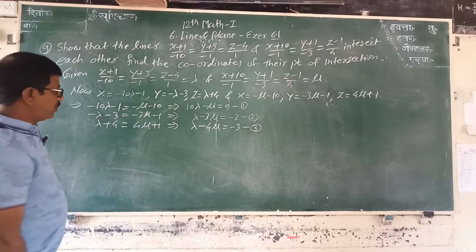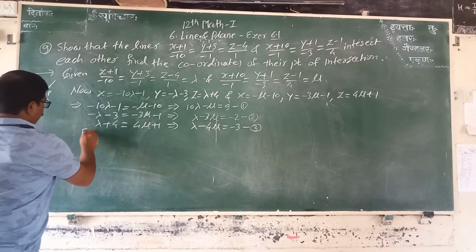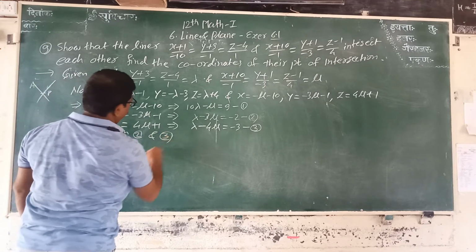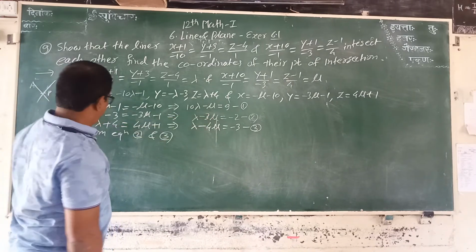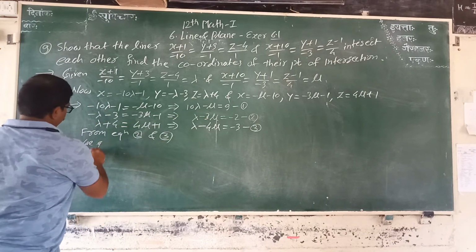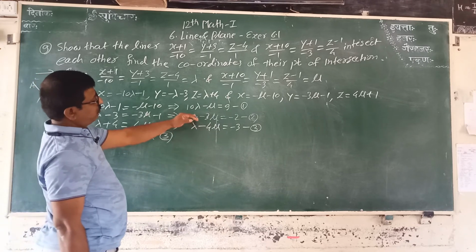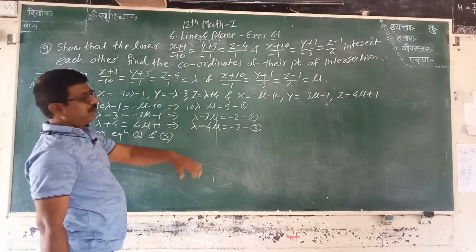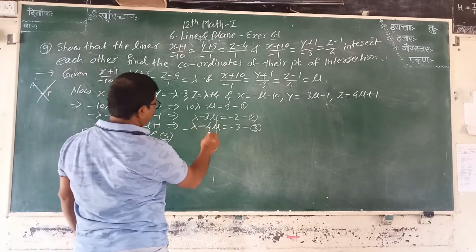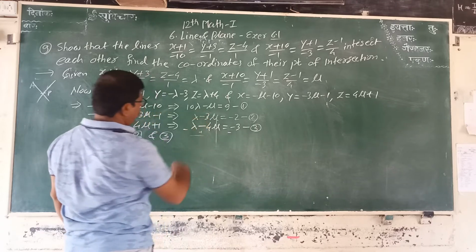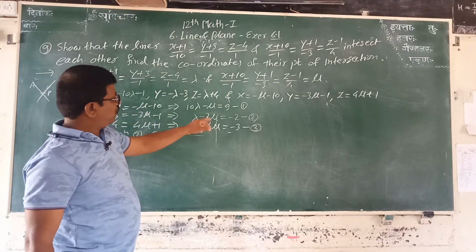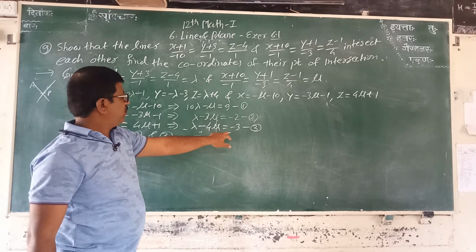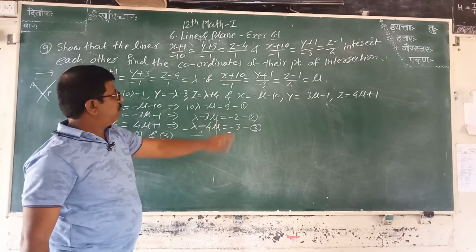After solving equations 2 and 3, we subtract equation 2 from equation 3. Here lambda gets cancelled. Then plus 4 mu minus 3 mu, that is 1 mu, is equal to minus minus plus, therefore 3 minus 2 is 1.